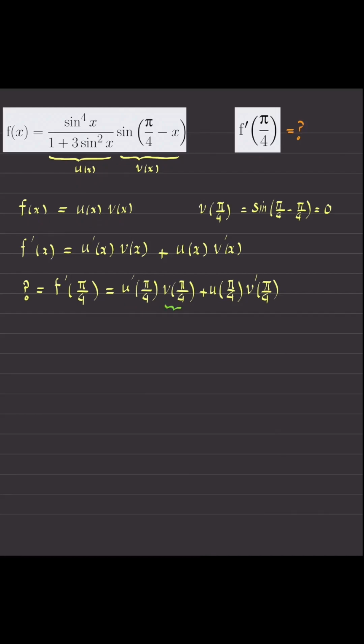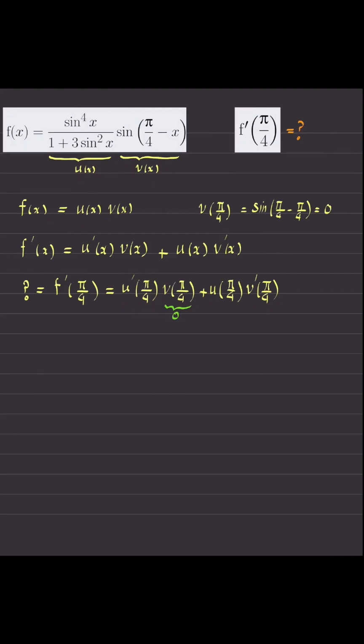So even though calculating u prime of pi over 4 is complicated, we don't need it, because whatever this number is, multiplied by 0 it becomes 0. So what I need to calculate is just u of pi over 4, which is not hard, multiplied by the derivative of v at pi over 4. That is also simple because that is a simple chain rule.